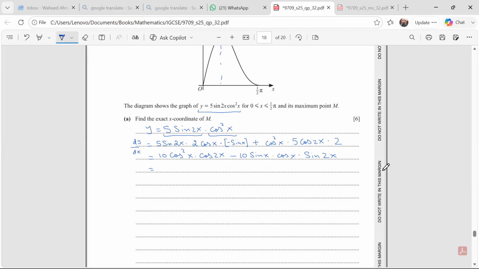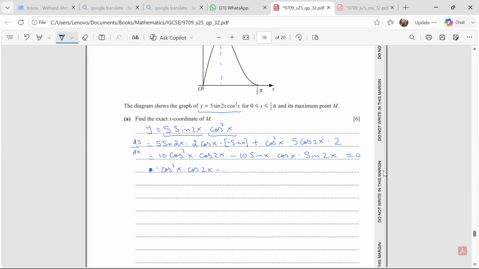This sounds a bit complicated, but let's see. How can I approach this? If I equate it to 0, I can get rid of this 10 first. Let's divide by 5, or I should take 5 common and then divide everything.